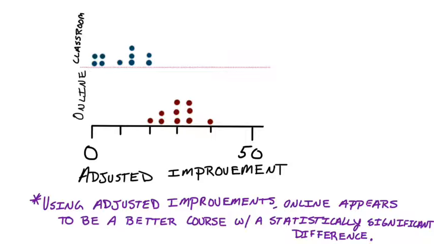And that was probably also visible in the dot plot with the shapes. But now you can actually compare just online kids versus just classroom kids.